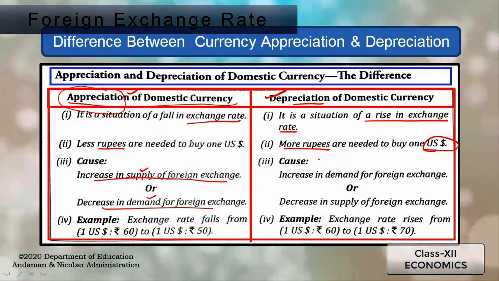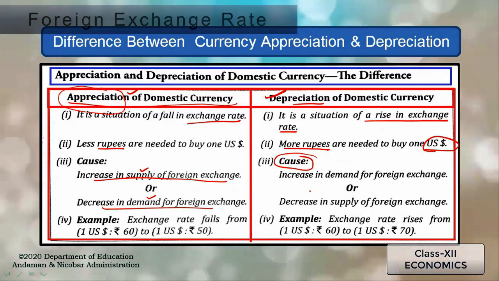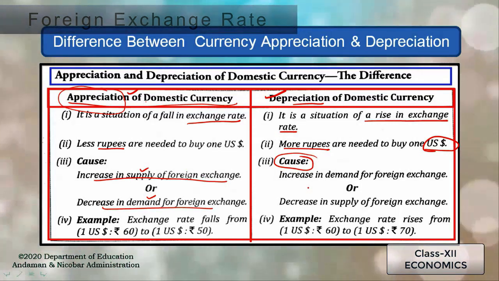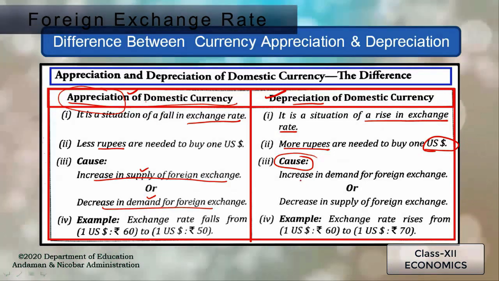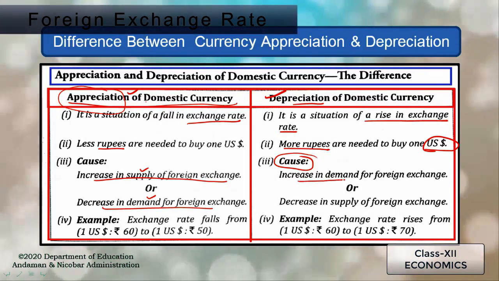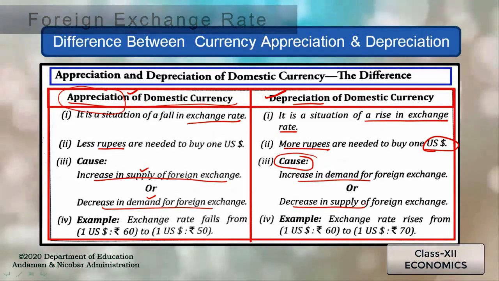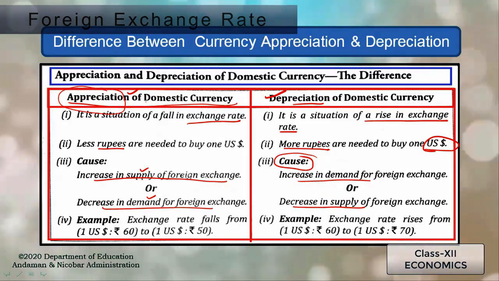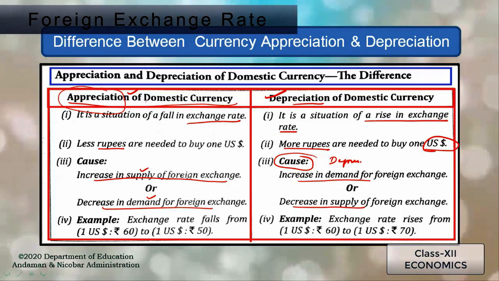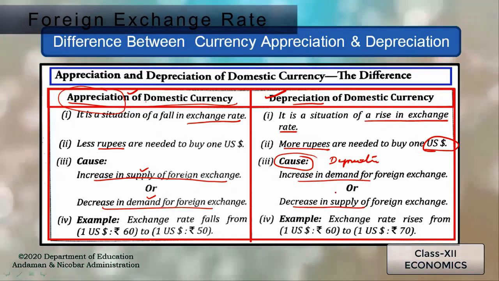And look at the causes for the depreciation of domestic currency. Here again we have two situations: the increase in the demand for foreign exchange and the decrease in the supply of foreign exchange. These situations create depreciation, that is, they reduce the value of domestic currency.